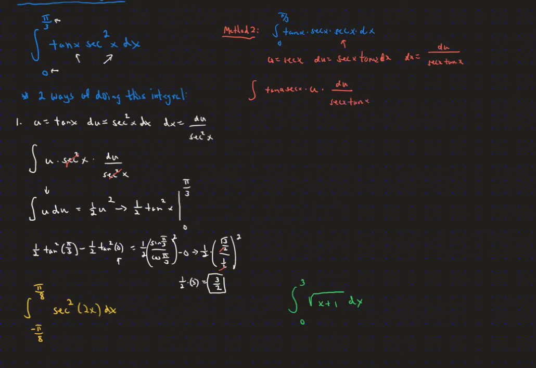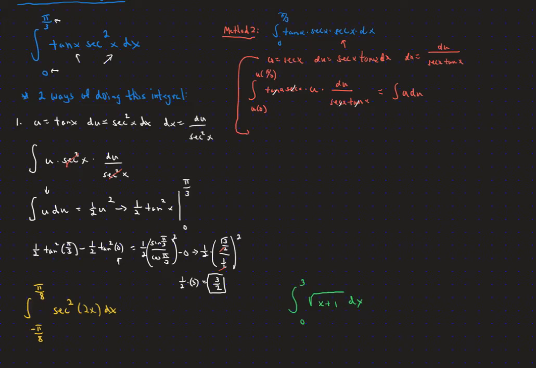And can you see that's going to cancel? And so our integral is going to be the integral of what's left, u du. Now we're going to change our limits to be u limits. So we're going to call that u of 0 and u of pi over 3.